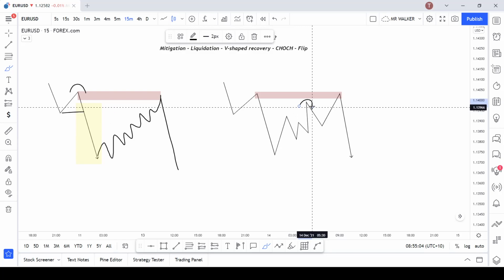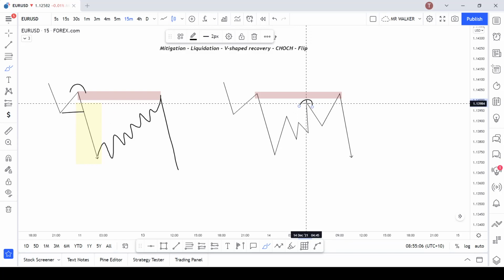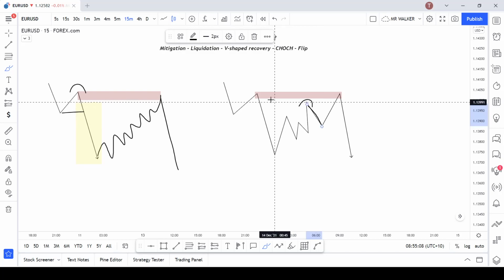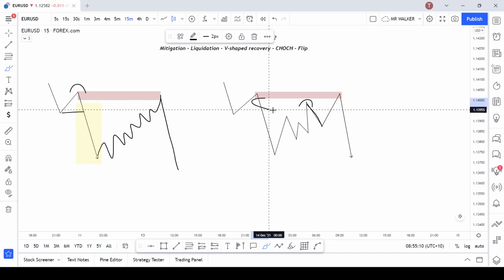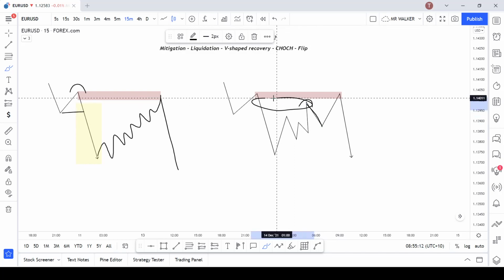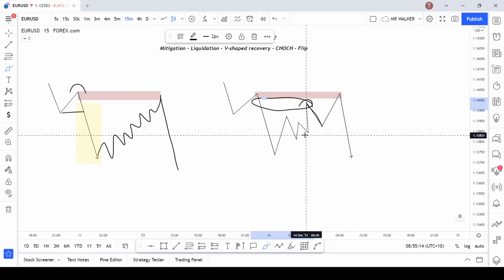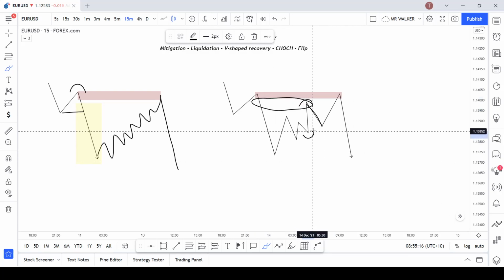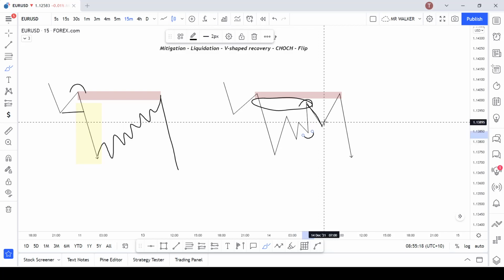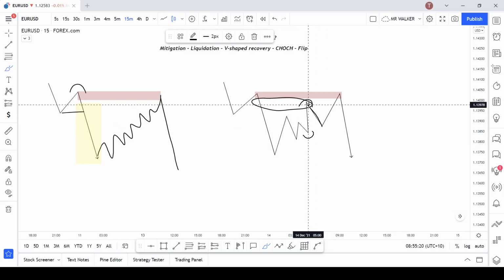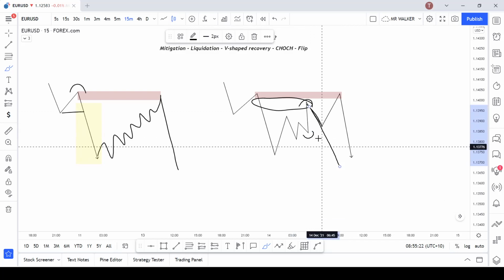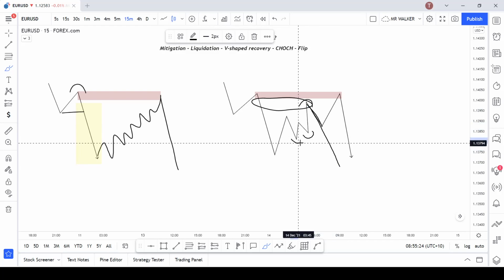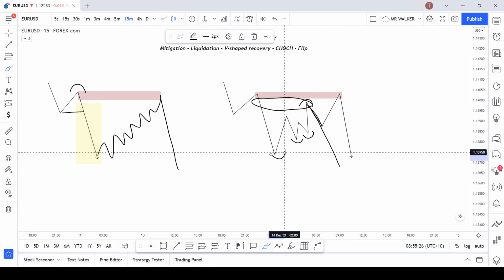In this case, as you can see, we might have reacted already to this supply, but we failed to follow through and to break even this low, right? The follow through means that we didn't really break neither this low nor that nor this one, right?